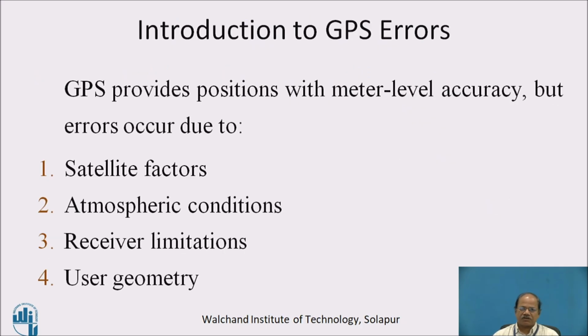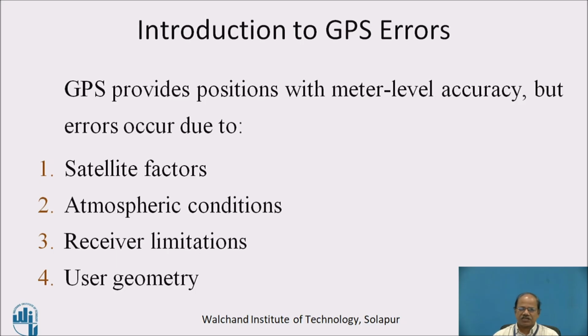Let us start with the introduction of global positioning system errors. GPS provides positions with meter level accuracy, but errors occur due to several reasons. Few of them have been listed over here.